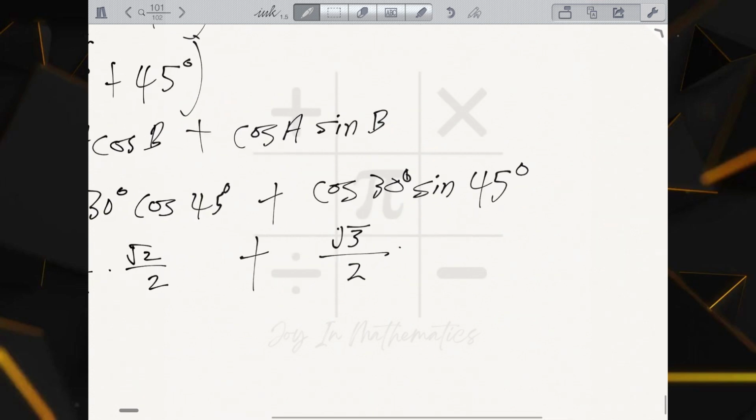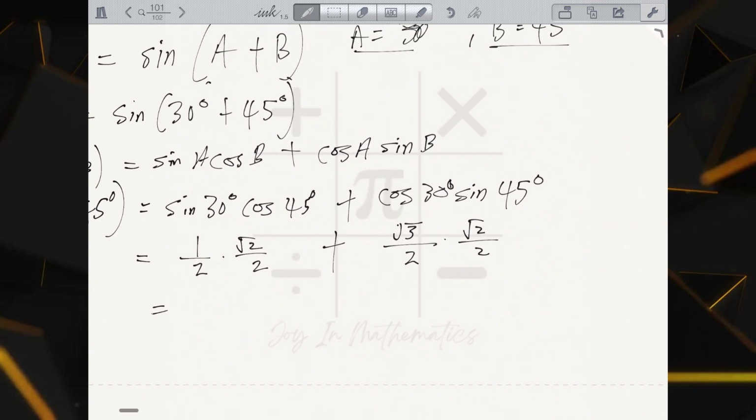So this will be multiplied by root 2 over 2. If we simplify this further, we will have root 2 divided by 4, and similarly root 3 multiplied by root 2 divided by 4.